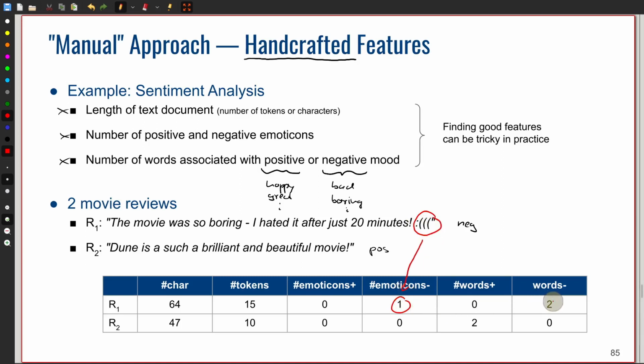Similarly, if you look at negative words, you can make the argument that hated and boring are negative words, so we count them up here. But we also see some positive words like brilliant and beautiful, but we only see those words in the second review. And this is, for example, where this 2 comes from. So for each kind of feature that we decide we want to extract, we apply it on our text documents to get these numerical values. And now we have kind of vectorized our input documents.